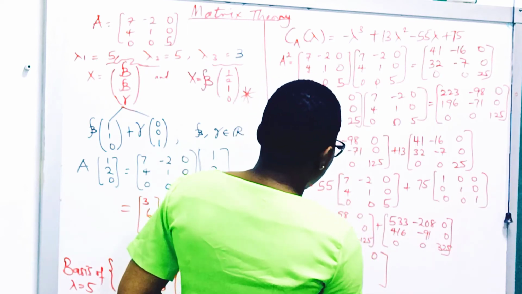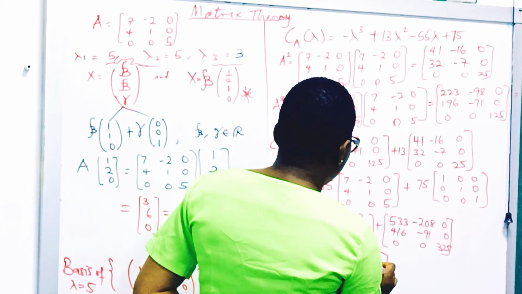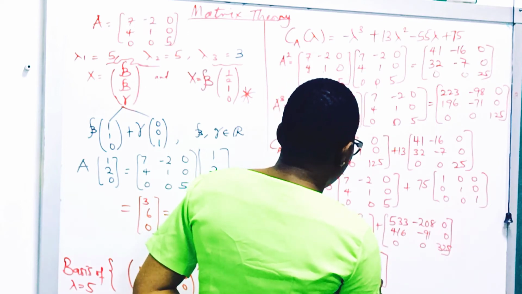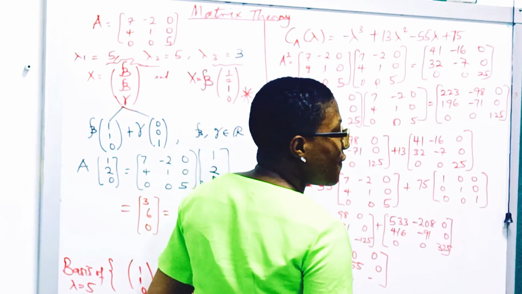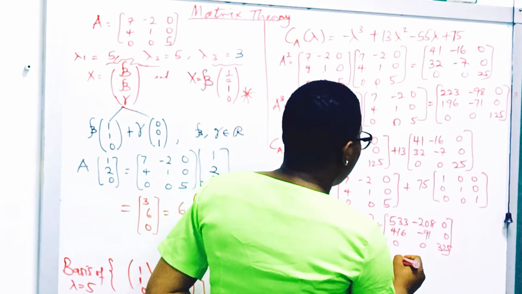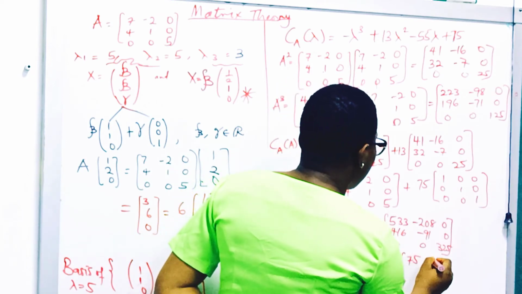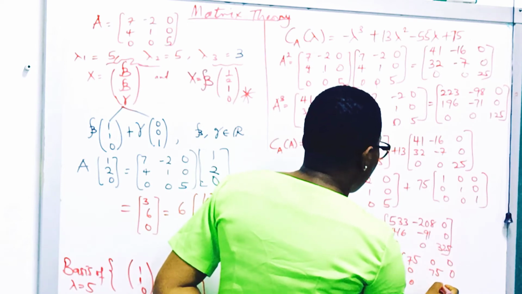Minus 220. Minus 220, minus 55, 0, 0, 0, minus 275. Okay, plus 75, 0, 0, 0, 75, 0, 0, 0, 75.